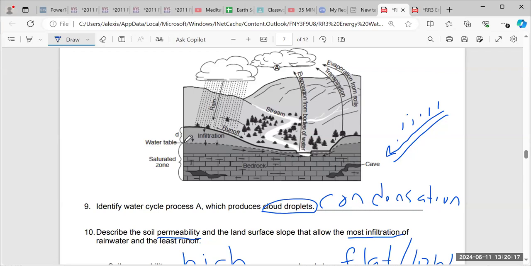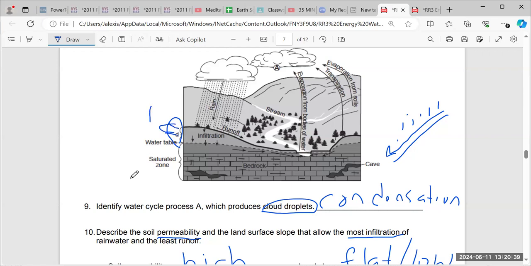The water table is that boundary line where now you're touching soil or bedrock that's filled with water. So they're saying as more heavy rainfall occurs, why would distance D be smaller?